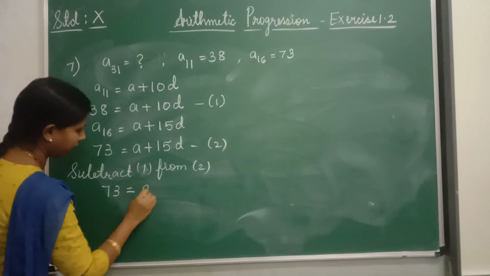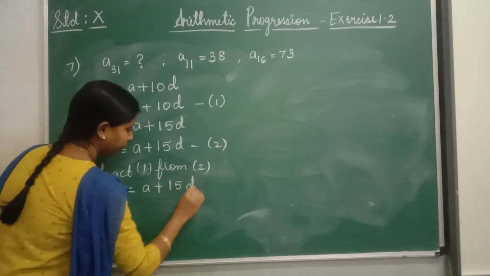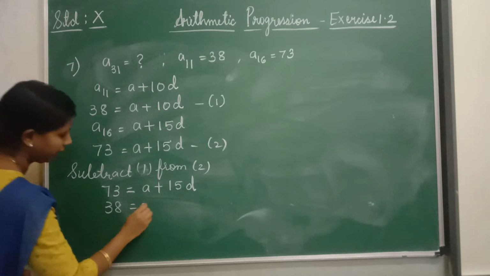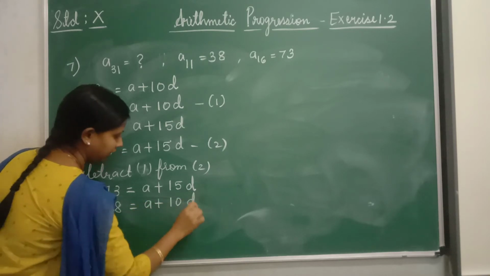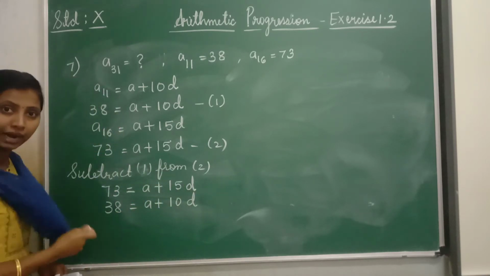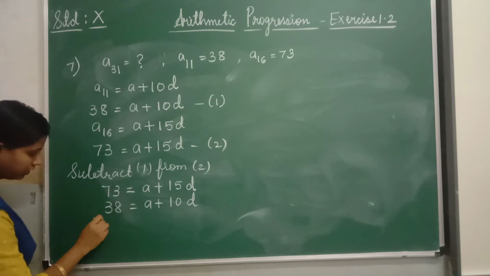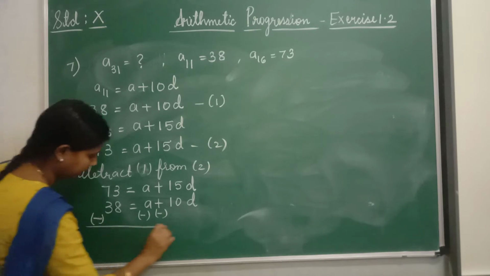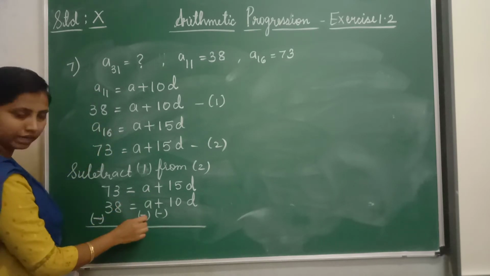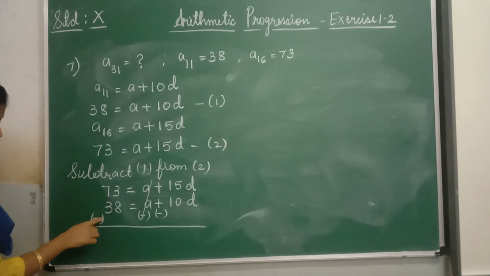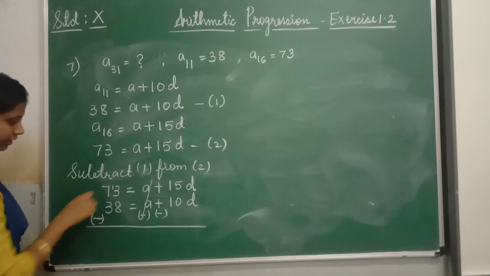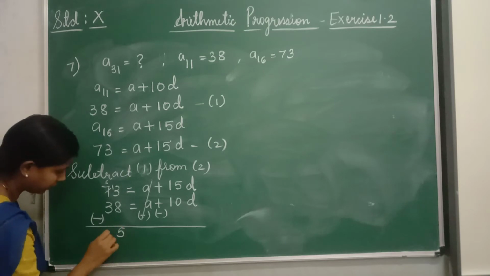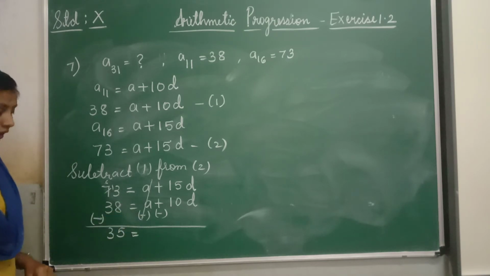Write down 73 equals A plus 15D, minus the first equation, 38 equals A plus 10D. Now, to subtract this you have to change the signs first: minus, minus and minus. Simplify. A and minus A get cancelled. 73 minus 38 is 35.